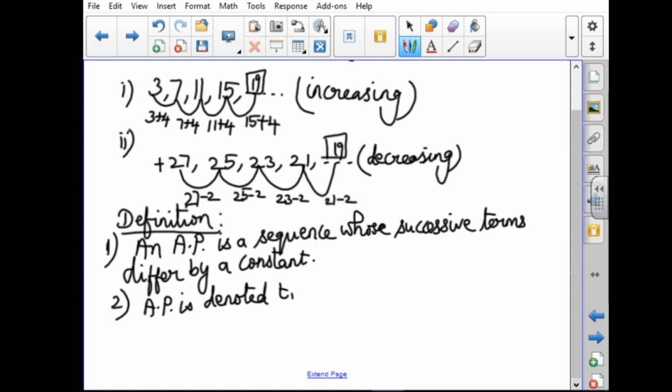For an AP we take the first term as T1, the second term as T2, the third term as T3, etc. The nth term can be taken as Tn. In the given example, the first term is 3, second term is 7, third term is 11, fourth term is 15, fifth term is 19. In the second example, first term 27, second 25, third term is 23, fourth term is 21, like that.